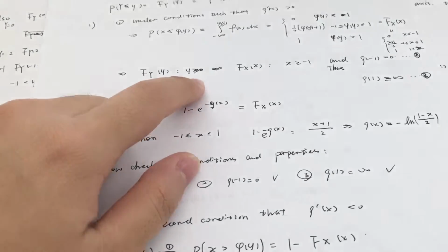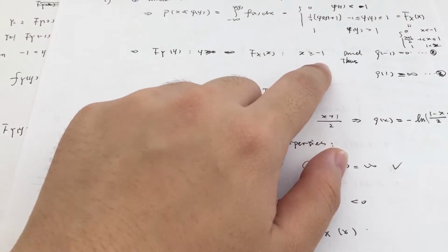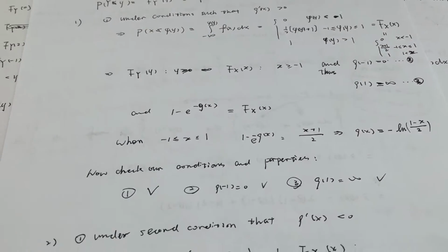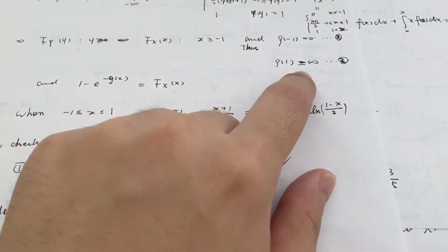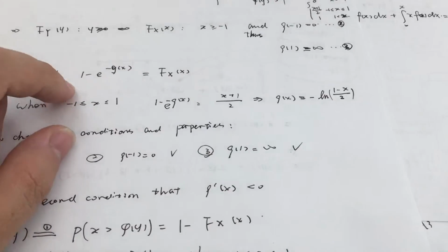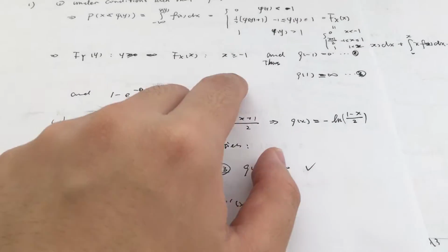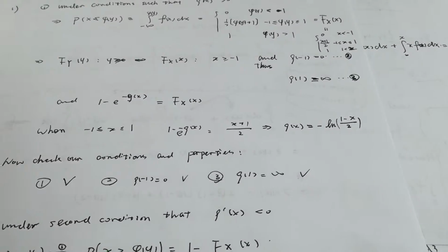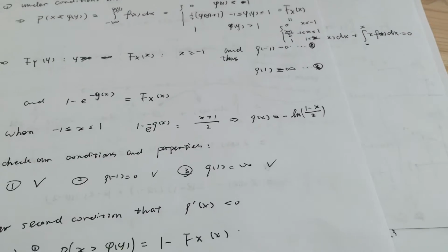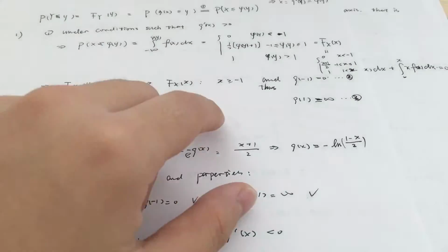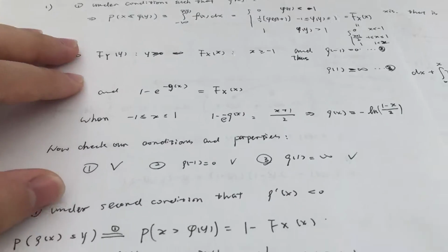When y is greater than 0, which means x is greater than -1, this gives us two conditions: g(-1) equals 0 and g(1) equals infinity. x = -1 maps to the beginning of y, and x = 1 maps to the end of y, so it goes from 0 to infinity.